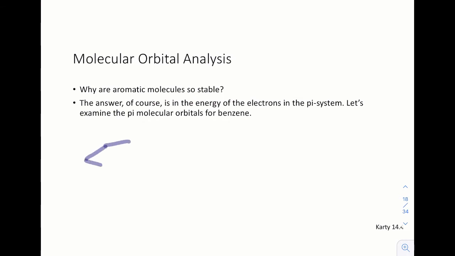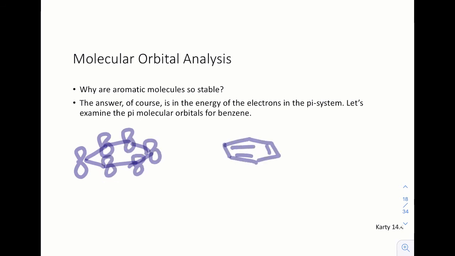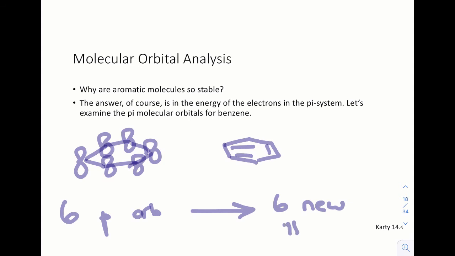Before I show them to you, let's do a bit of analysis ahead of time. Benzene consists of a 6-carbon conjugated pi system. These 6 p orbitals will combine to form 6 new pi molecular orbitals.